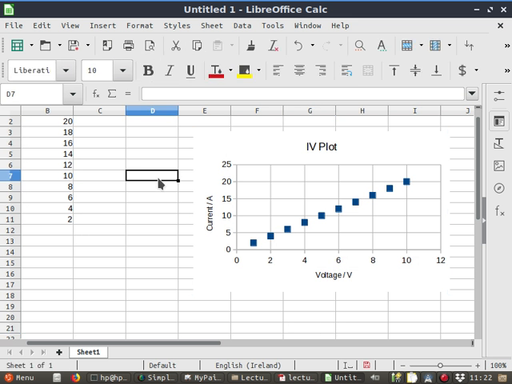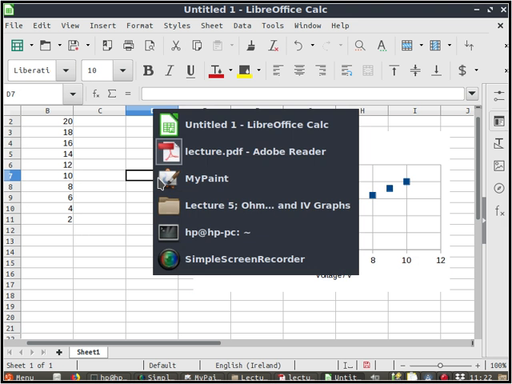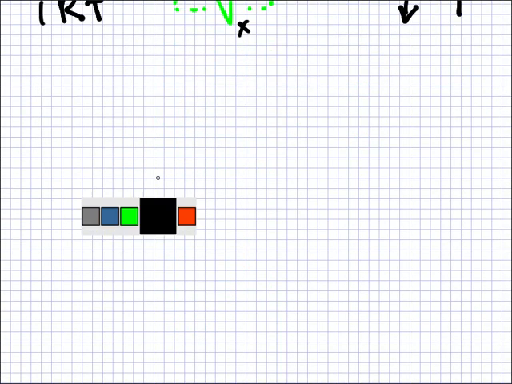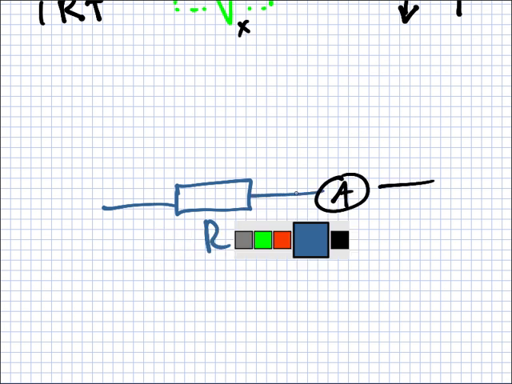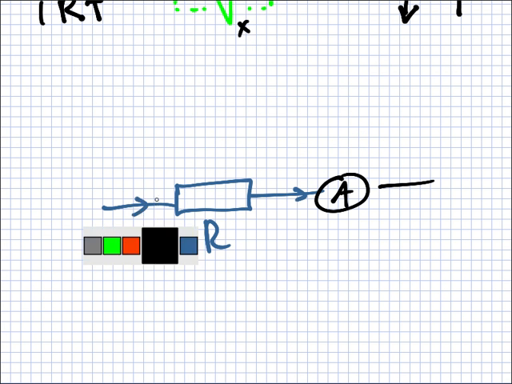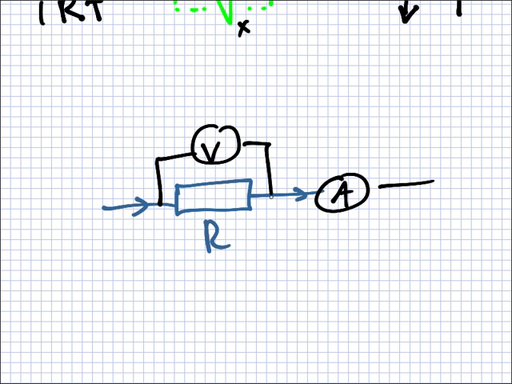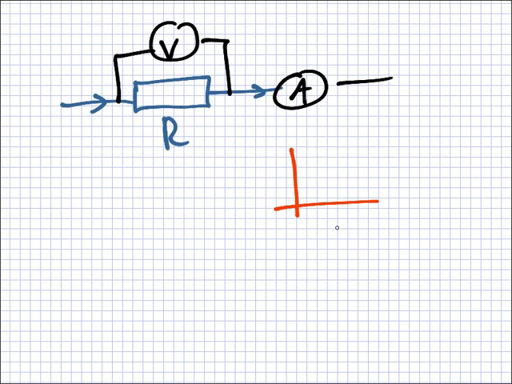So you see, you get a nice straight line. As the voltage increases, the current increases. So what does that mean? It means if you have a resistor and you measure the current that comes out and you measure the voltage that goes through it and you plot voltage and current, you get a straight line.